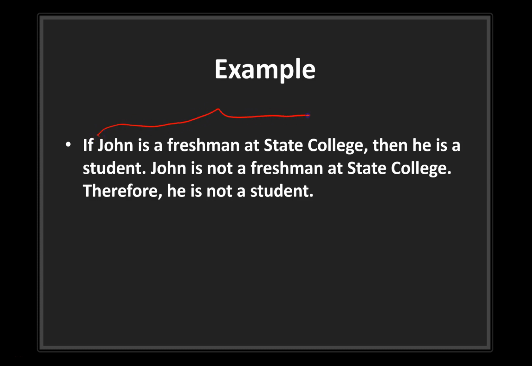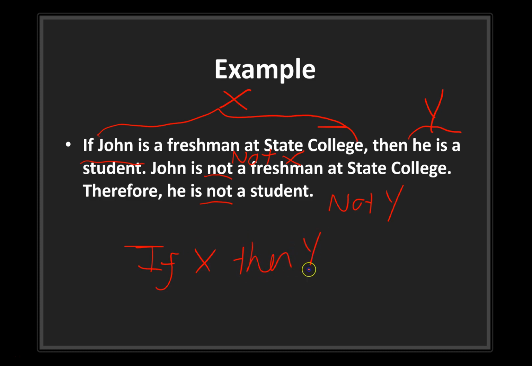So if X, then Y. And then here, in the second premise, you have not X, therefore not Y. So if you were to put this in the form of those formulas on the chart, you'd have, again, if X, then Y. Not X, therefore not Y. And then you look at your chart and you see that that corresponds to the invalid form known as denying the antecedent.